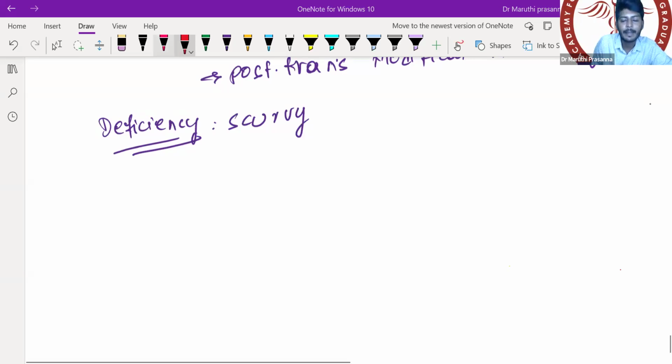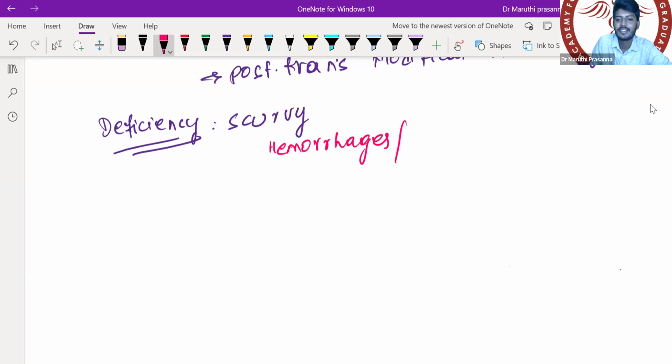So there can be hemorrhages or rashes under the skin. Small bleedings inside the skin are possible because collagen is the protein present in the basement membrane of a capillary.